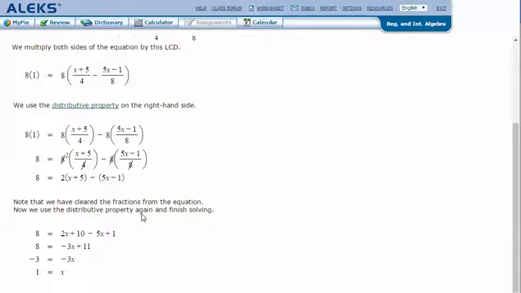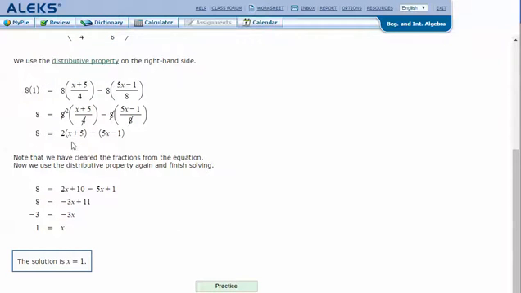Since we've already cleared the fractions from the equation, we can use the distributive property again to finish solving. Right here, 2 times x is 2x, and 2 times 5 is 10. So we have 2x plus 10. On this one, we don't just drop the parentheses because this is a minus.